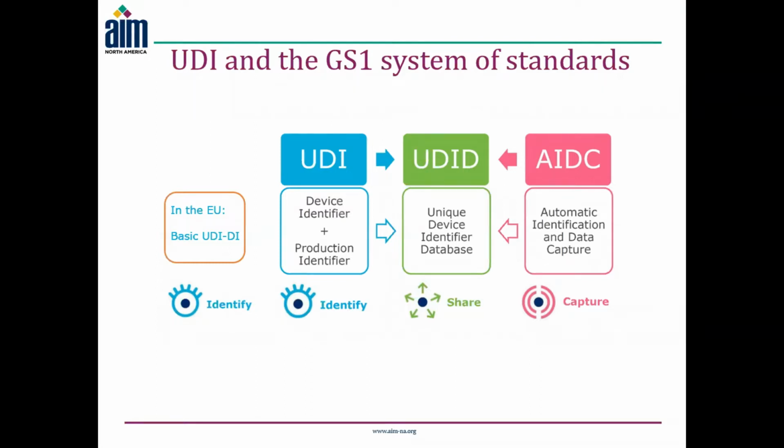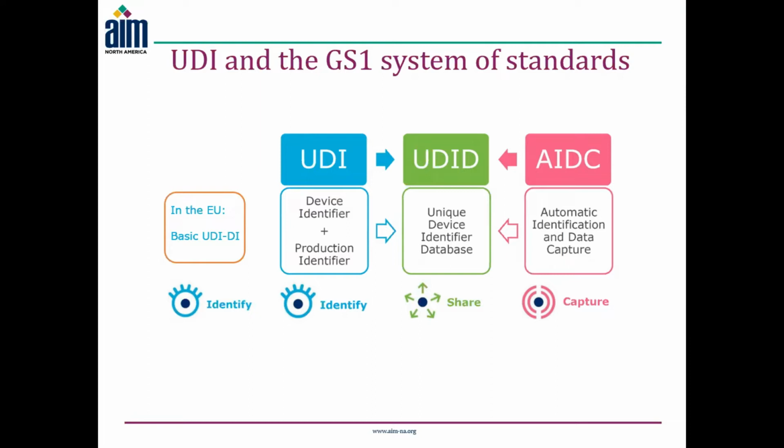And on the bottom, you see how these things refer to the GS1 system of standards. So the UDI, the device identifiers and production identifiers, is equivalent to what we call identify. On the right is capture, which is our barcoding and RFID standards. And then in the middle is share, which is something you would use one of the technology companies for, or perhaps a GDSN data pool.